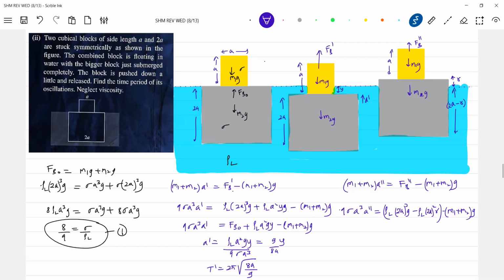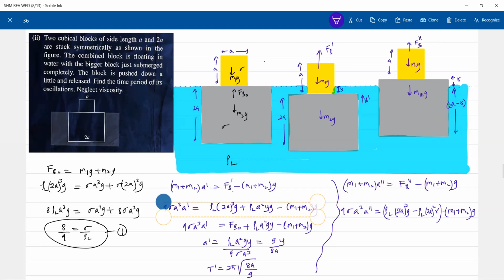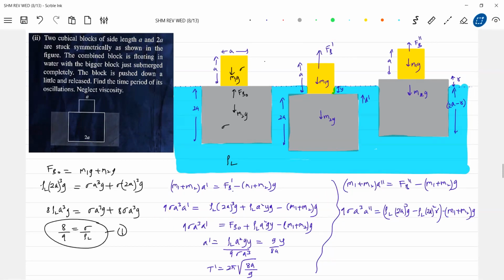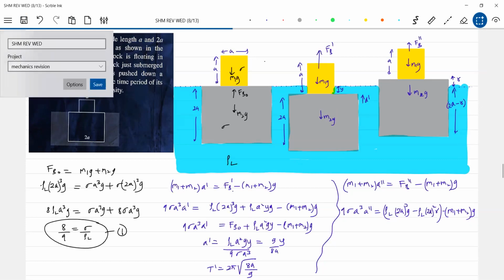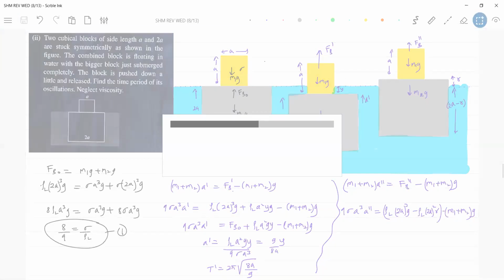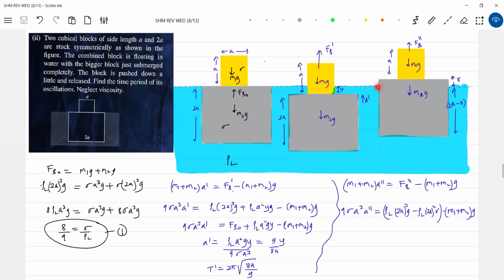Check once. This is very important. The buoyant force, just look at only this one. The buoyant force is only this much, no? What is volume immersed? This is 2A square. Correct only, sir.